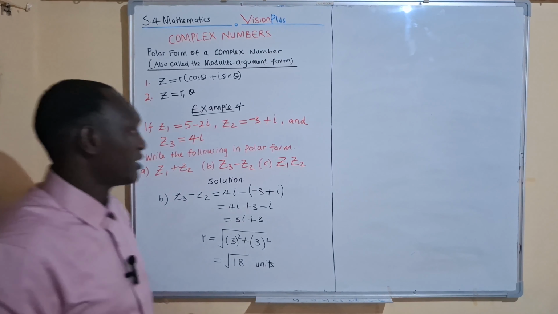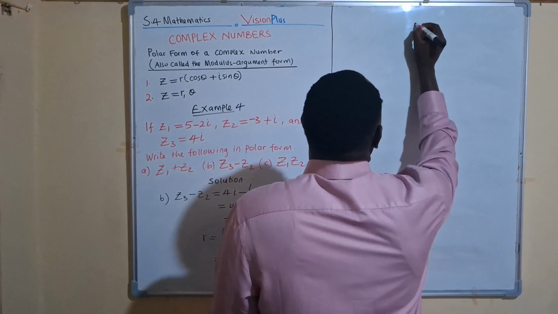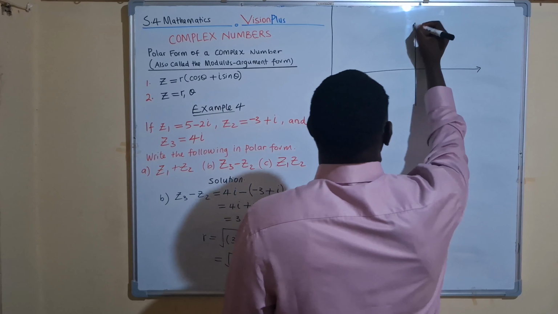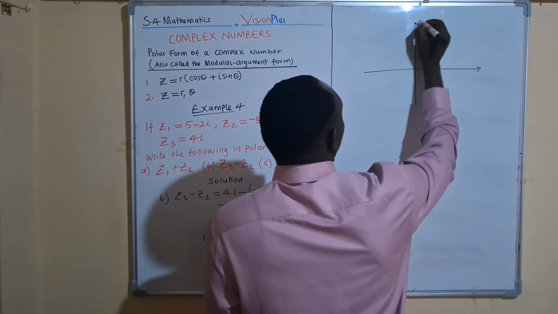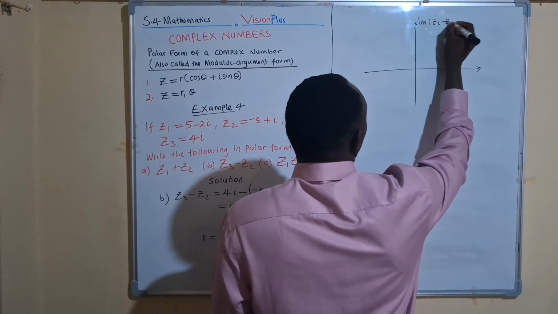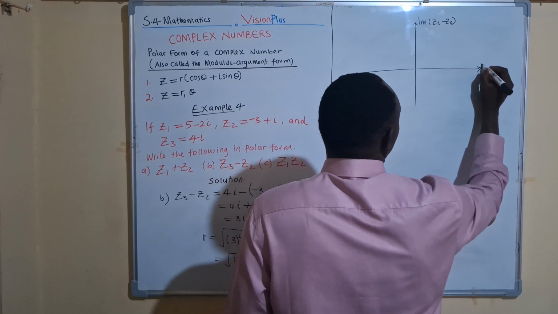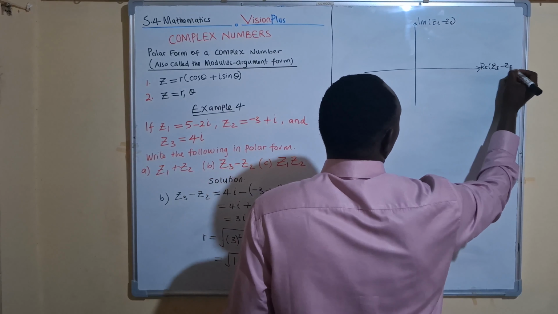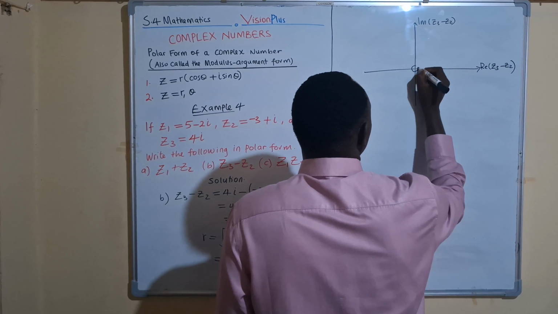So after getting the magnitude of the complex number, now we need to find the argument of that complex number. So the complex number is Z3 minus Z2. This is the imaginary axis. This is the real axis. This is the origin.